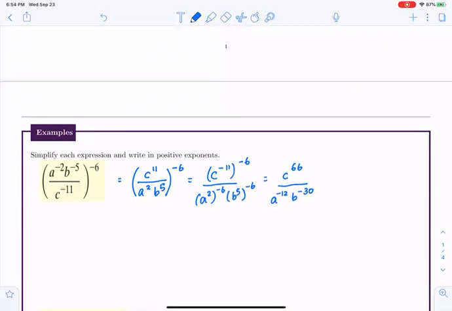So we just have to move that to the numerator. A raised negative 12, when it moves to the numerator, it becomes a raised positive 12. B raised negative 30, when it moves to the numerator, it becomes b raised 30. So there are multiple ways to do this, but this is one of many ways.